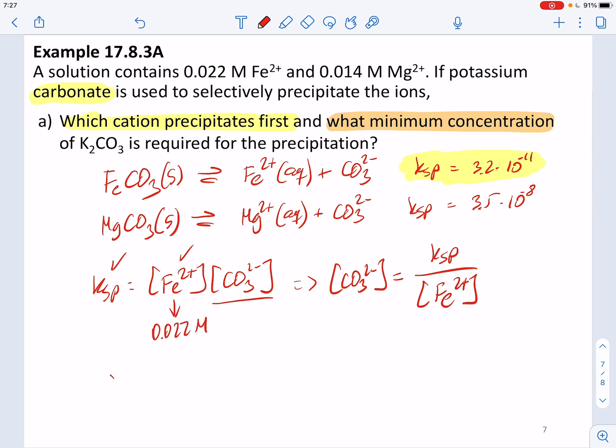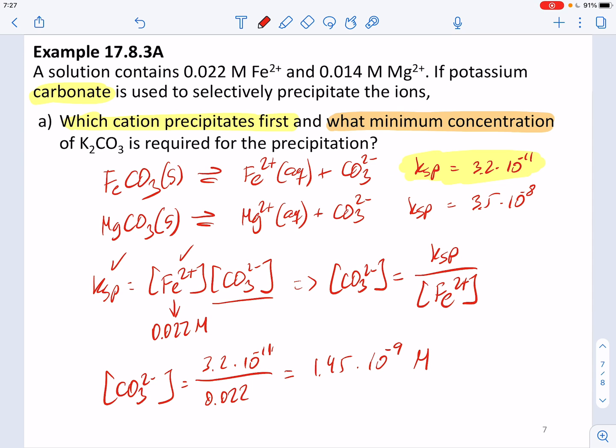Alright? So the concentration of carbonate is equal to KSP, 3.2 × 10^-11, divided by your concentration of iron, 0.022, and this is equal to 1.49 × 10^-9.